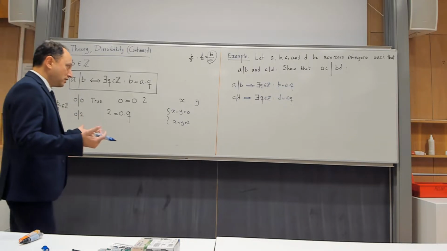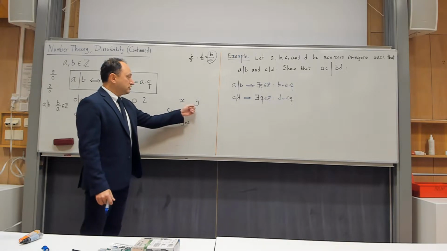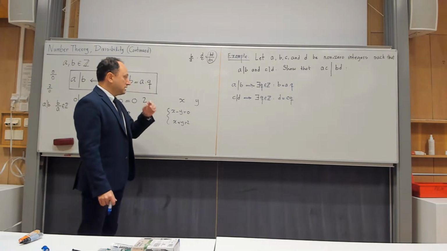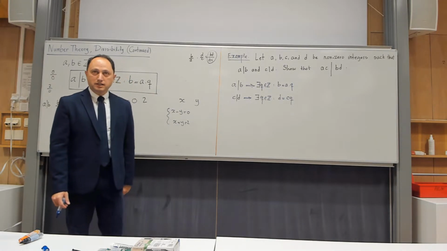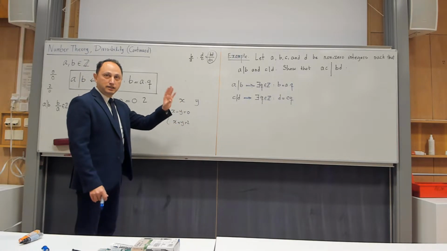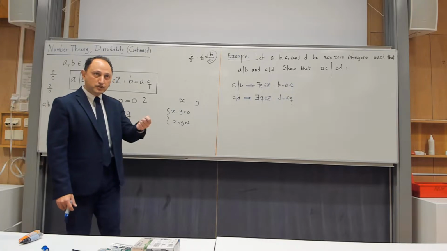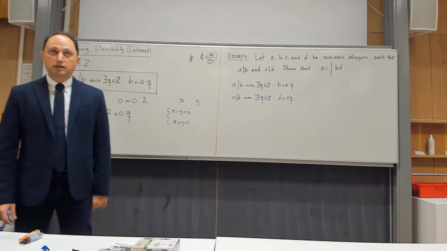Because this is a common convention in algebra. So if you use two different names for variables, it doesn't necessarily mean that they are distinct. They might be the same, yes? But if I use the same letter everywhere in the problem that I'm solving, I'm forcing that x to be the same all the way until the problem is finished, yes?